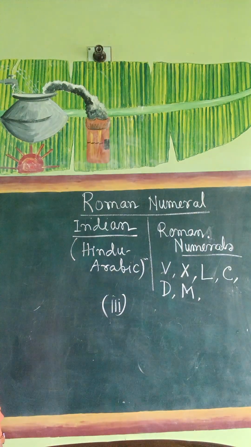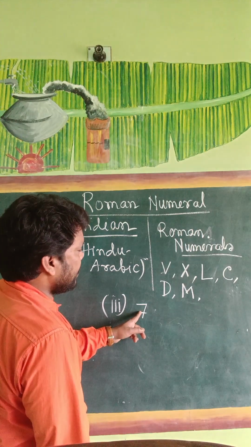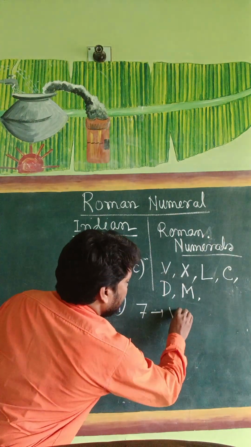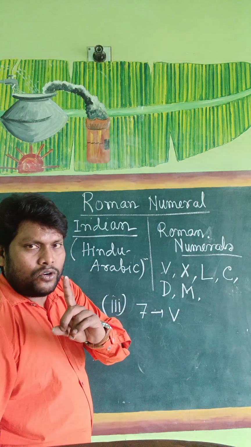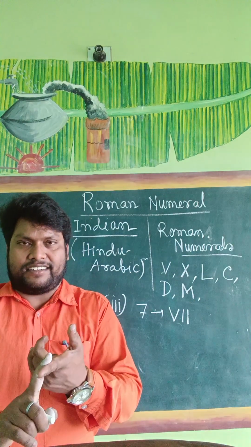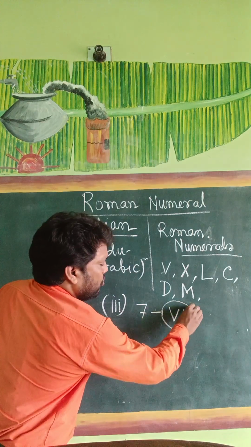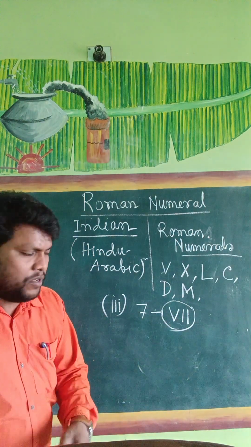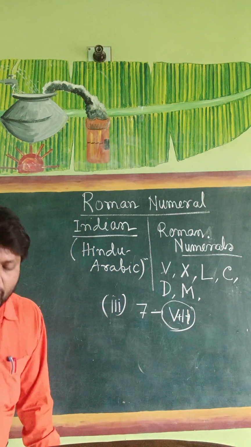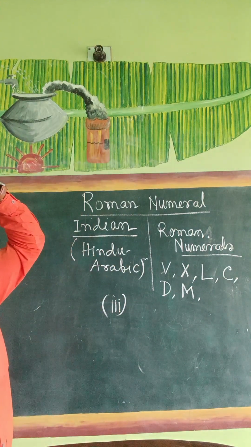Also in Roman numerals, suppose 7. Whose value is nearest to 7? V and II. That means at the time of addition, the Romans, the people of Rome, add to the right side, but there is a single question and a single method, that is the procedure.